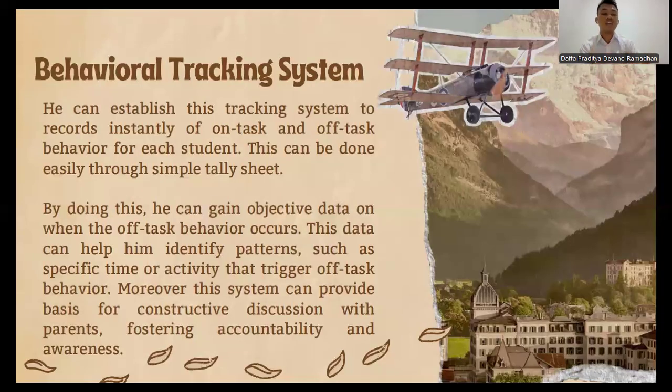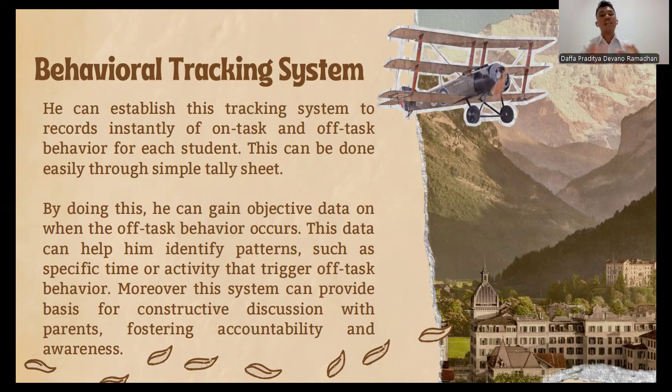So for the behavioral tracking system, Mr. Smith establishes this tracking system to record instantly on-task and off-task behavior for each student. This can be done easily through a simple tally sheet. This actually doesn't have to involve the students, but only assessing the students' behavior by ourselves, using Google Spreadsheet or Microsoft Excel or anything that could help track on-task and off-task behavior.